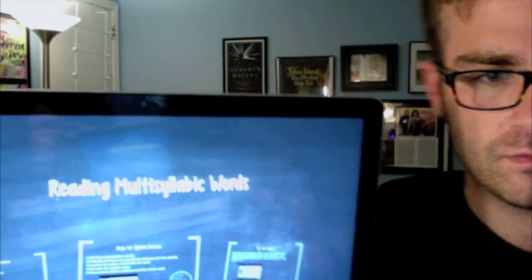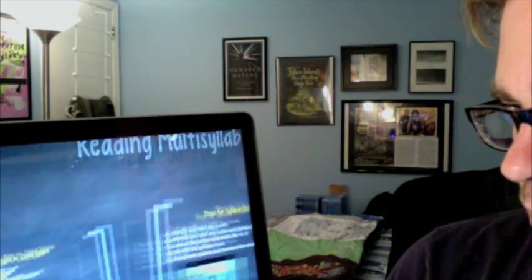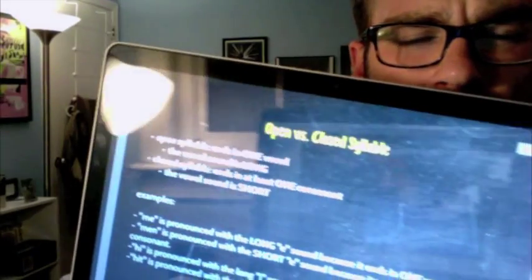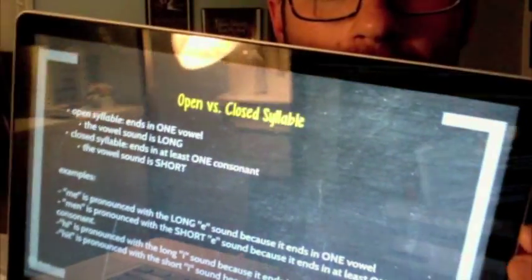So, before we get into what you guys discussed, we're going to go over what an open and closed syllable type actually is. An open syllable is a syllable that ends in one vowel.